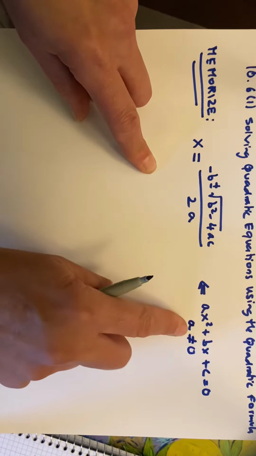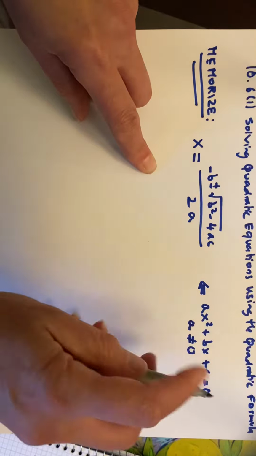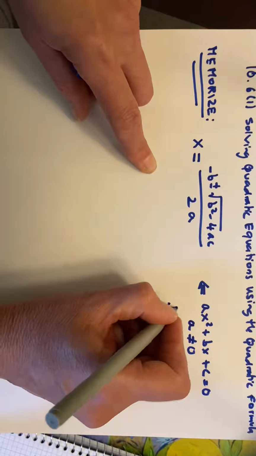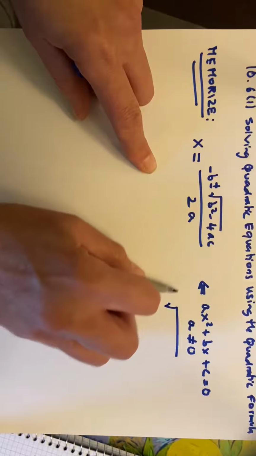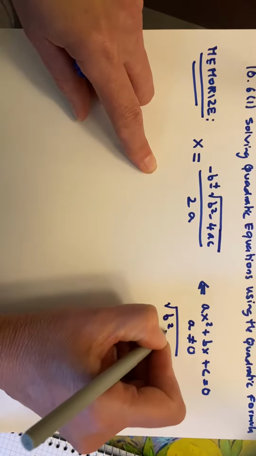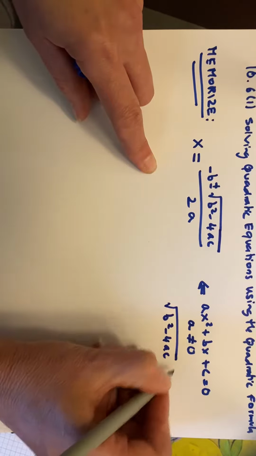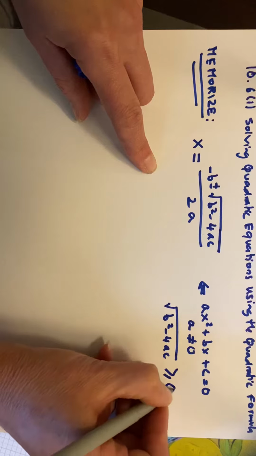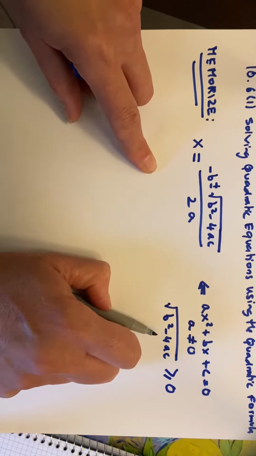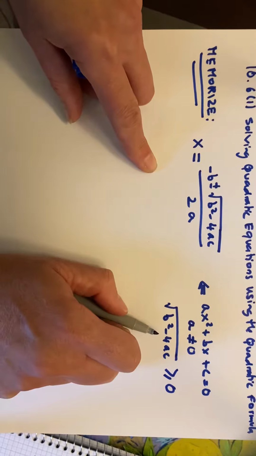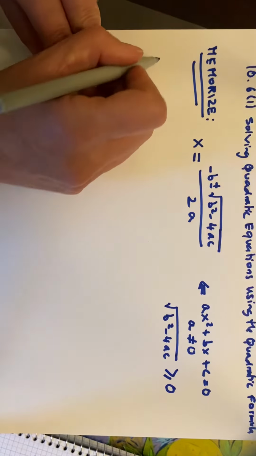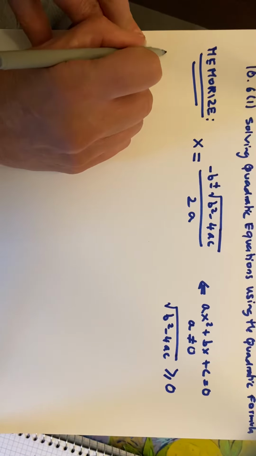The other thing that this is contingent on is that this piece in the middle, the b squared minus 4ac, has to be greater than or equal to 0, because if it's less than 0, it's negative, and you can't have a negative square root. Okay, so this is our quadratic formula, and let me show you how you're going to use it.